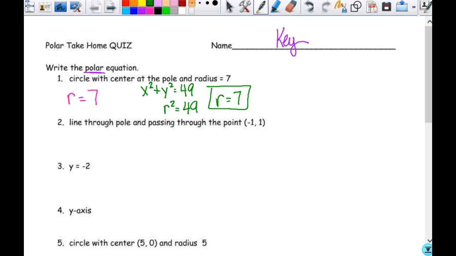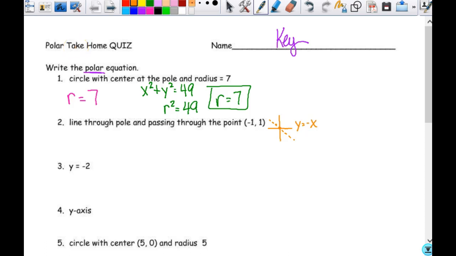All right, so then we have a line through the pole passing through the point (-1, 1). So you can write an equation for that in rectangular form if you want. You can understand what's happening visually with this. If I have a point, I know it's going through the pole, so that's the origin, and it goes through (-1, 1), right? Well, then that line is just y equals -x.